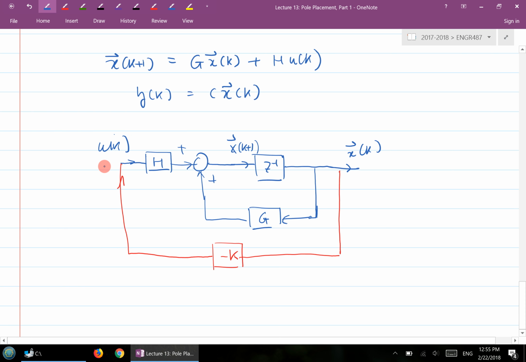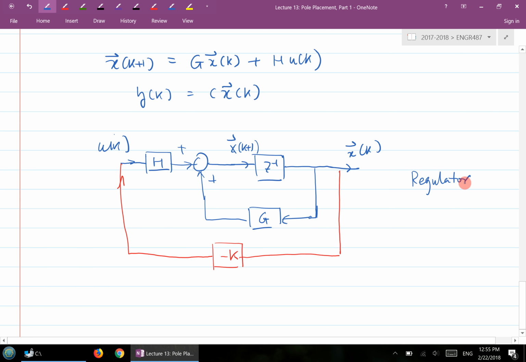What it means is the system has a certain initial condition, and the system is designed to bring the response from the initial condition back to zero. This we call a regulator. This is a regulator model.